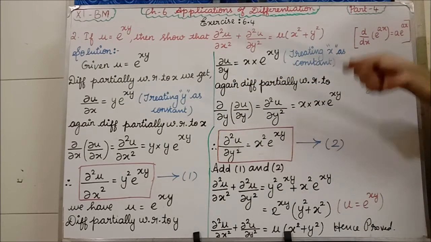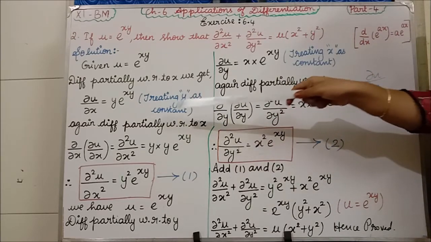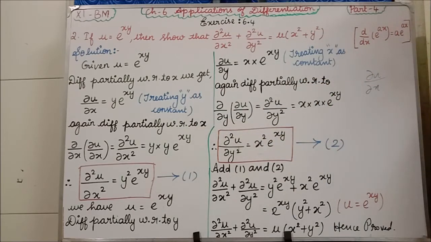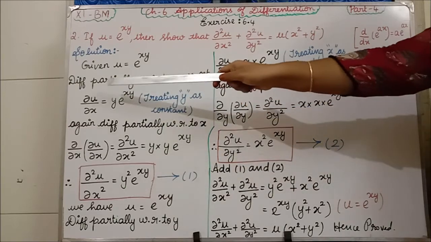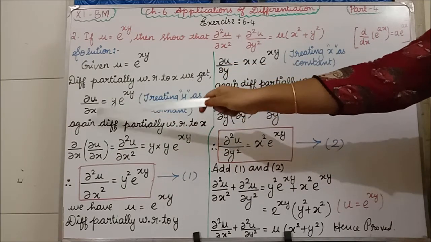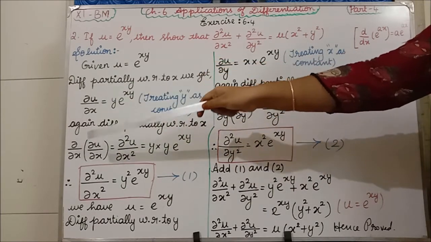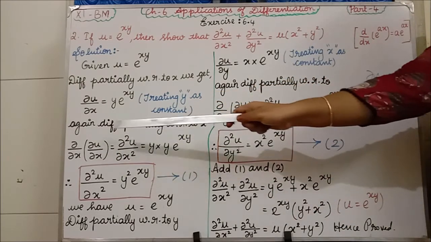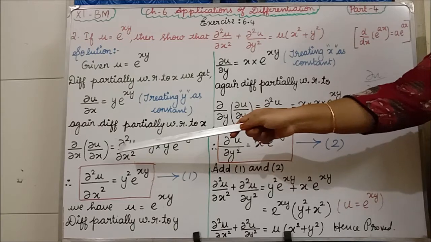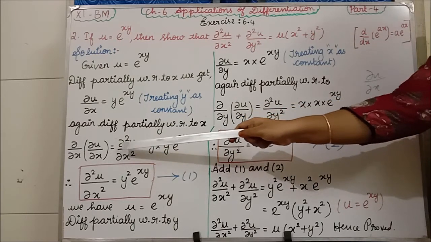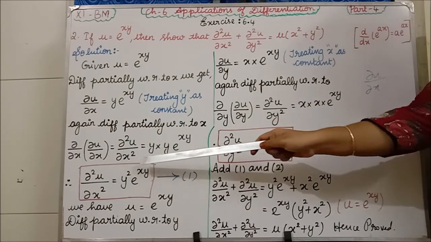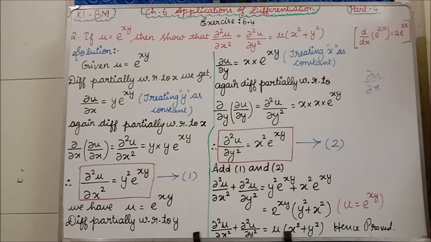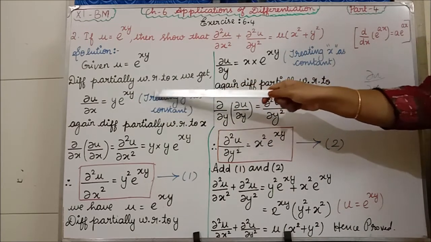Clear? Again differentiating partially with respect to x. We already have del u by del x, and this value I am going to differentiate with respect to x. If I differentiate again, I will get del square u by del x square. Now we will differentiate this.